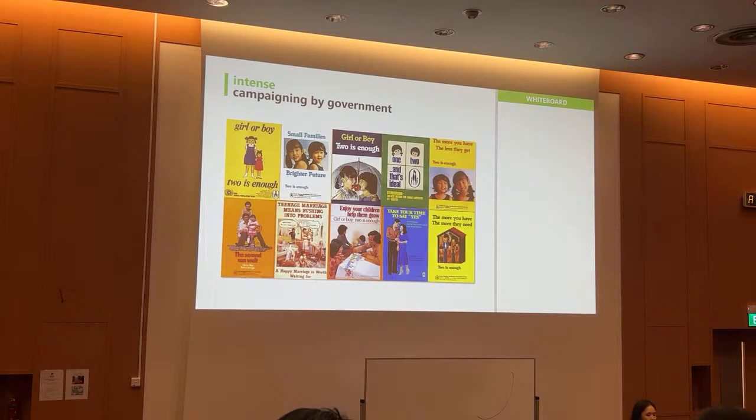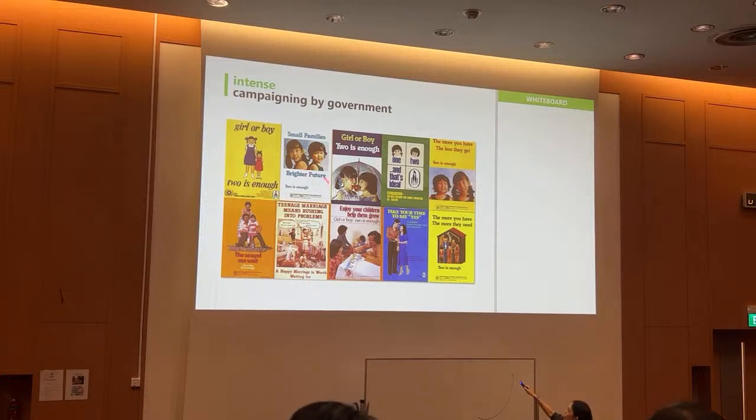With that, the Singapore government went full force in the antenatal drive. There was intense campaigning, with all sorts of slogans coming out. If you look at the slogans here, you can roughly guess what angles were focused on by the government. So the government will tell you, two is enough.